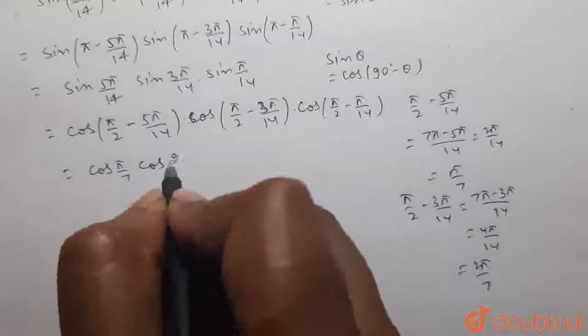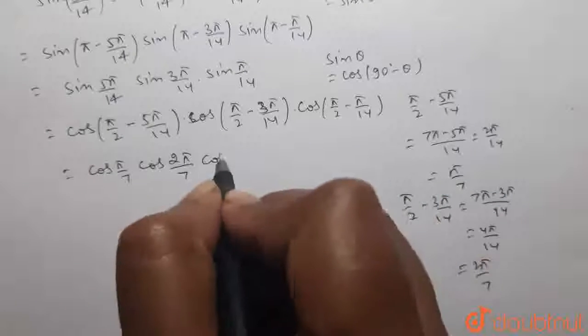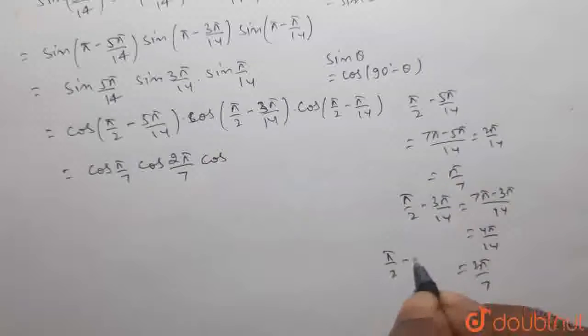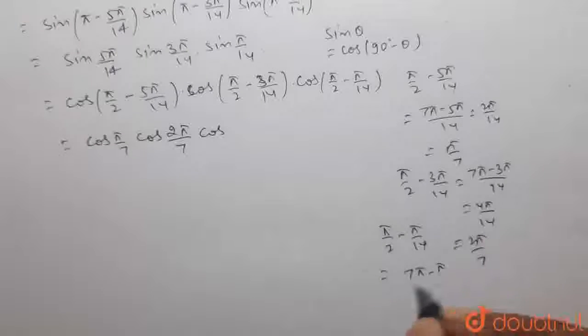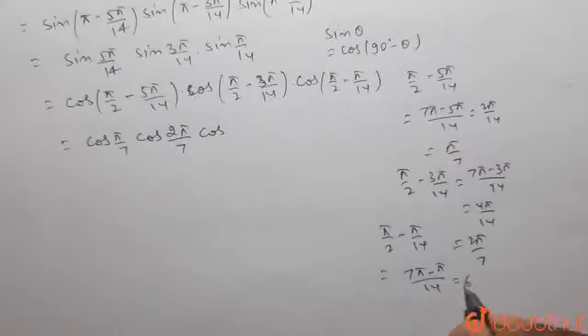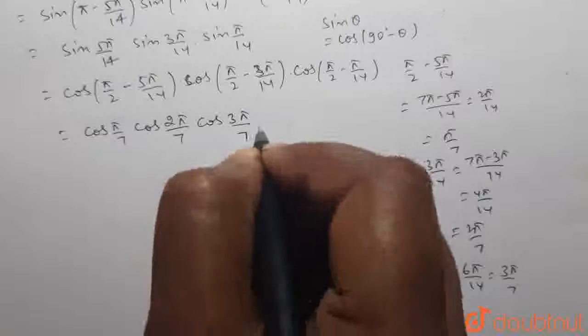So this will be equal to cos of 2 pi by 7 into cos of, now pi by 2 minus pi by 14 will be equal to 7 pi minus pi by 14, which is equal to 6 pi by 14, which is equal to 3 pi by 7. So this will be equal to cos of 3 pi by 7.